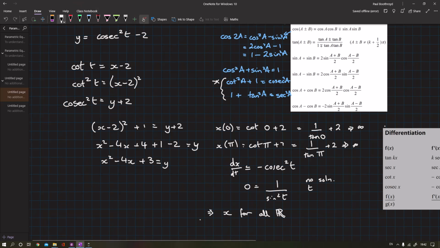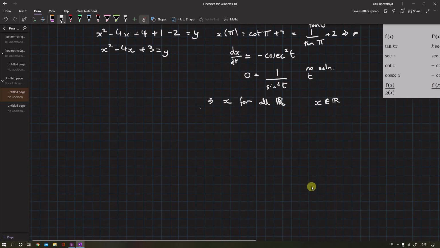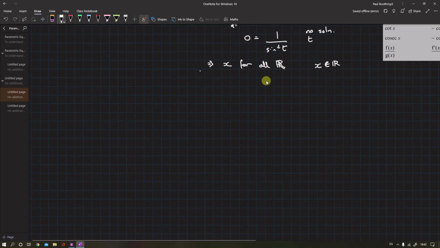Next bit to look for, I've got processes running that are causing me problems. So for all our x, x belongs to the real numbers. I don't know why it's being slow now.